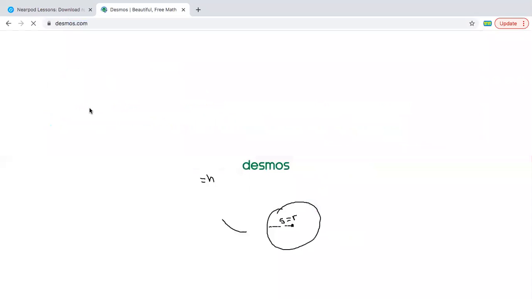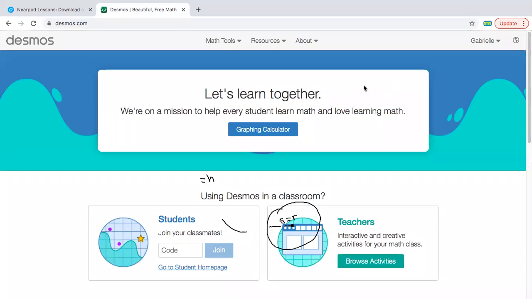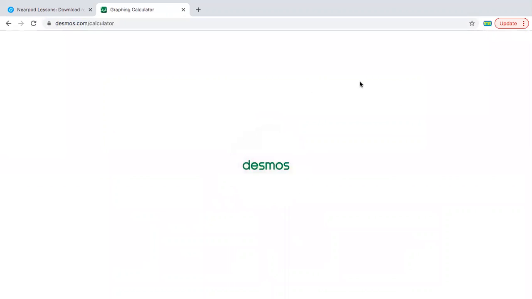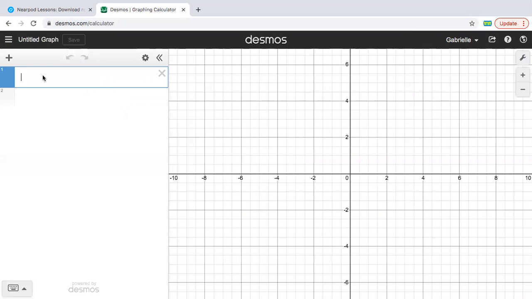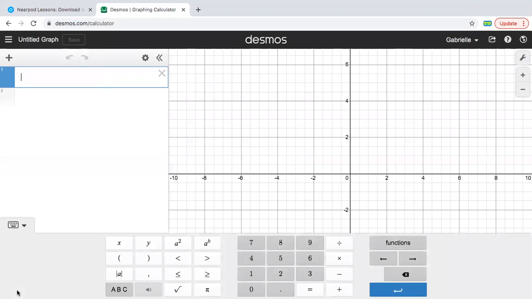Is everyone on Desmos? All righty. All right, so I'm going to bring my keyboard up. So the first part is the 1/3, right? So parenthesis, 1 divided by 3.